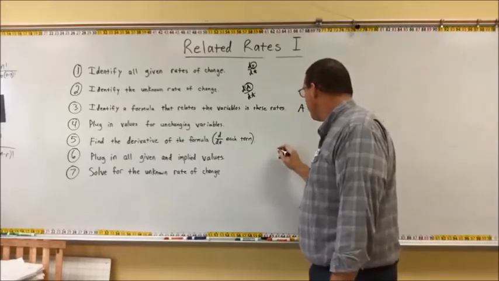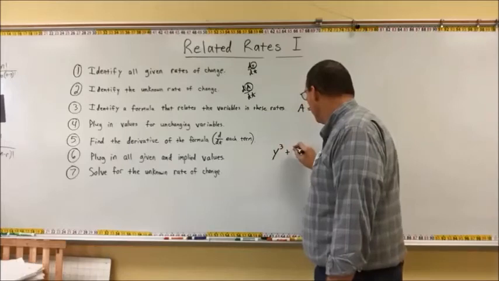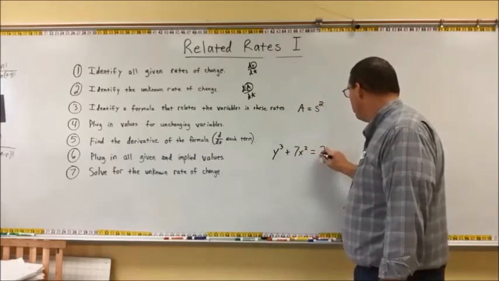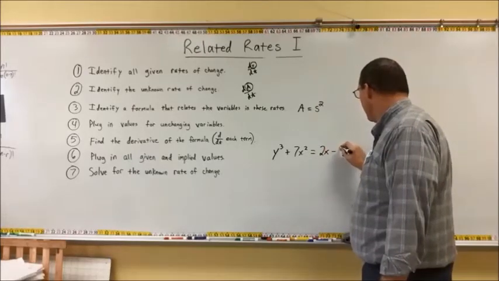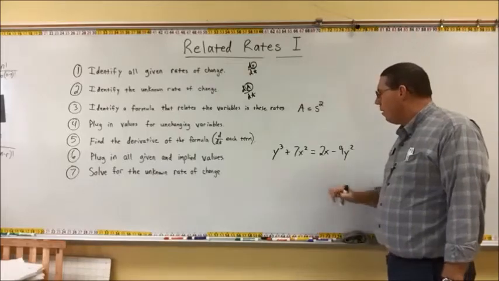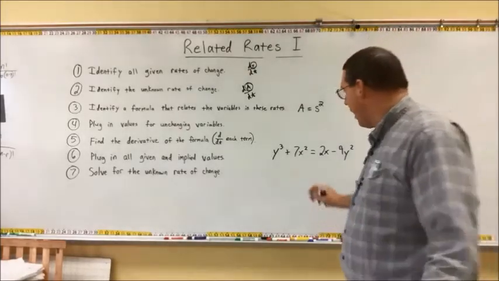Remember when we did implicit differentiation and we had something like y to the third power plus 7x squared is equal to 2x minus 9y squared? When we were trying to find dy/dx, we were doing the derivative with respect to x.